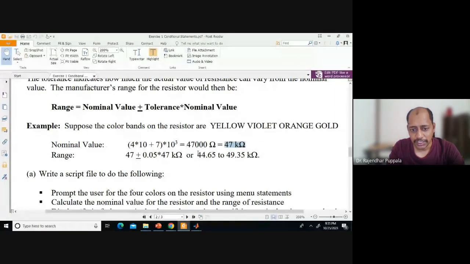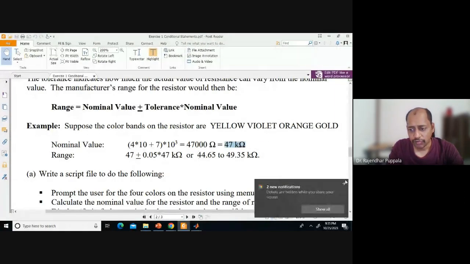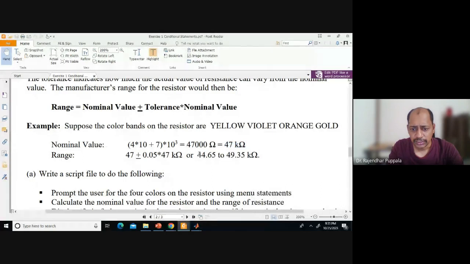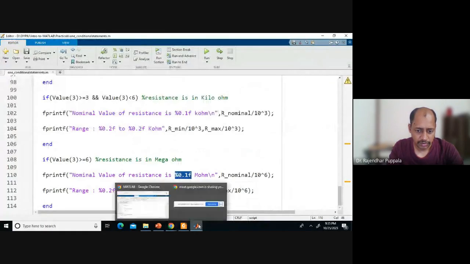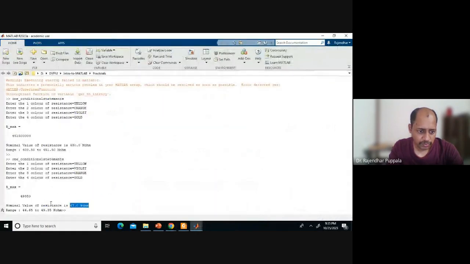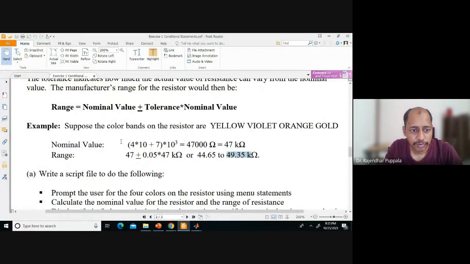And what is the range? 44.65 to 49.35. So our program is correct now for the given value.